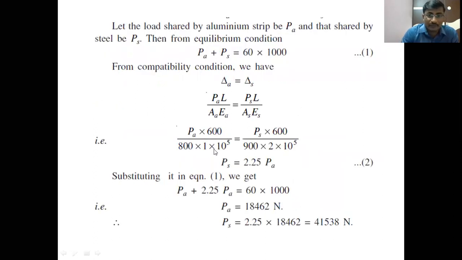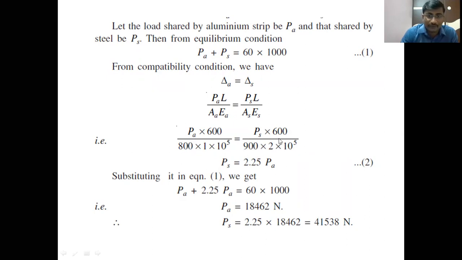So PA over 800 into 1 into 10 to the power of 5, the Young's modulus for aluminium, equals PS, the load shared by the steel material, over 900 into 2 into 10 to the power of 5, the Young's modulus for steel.